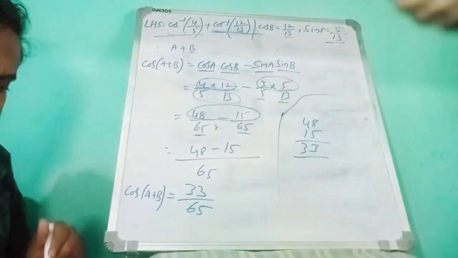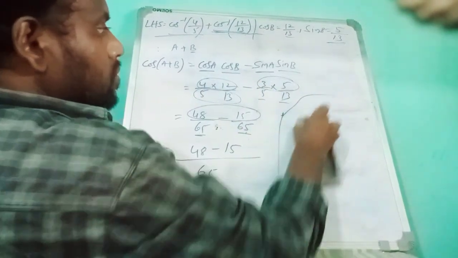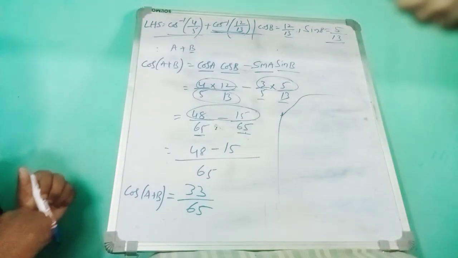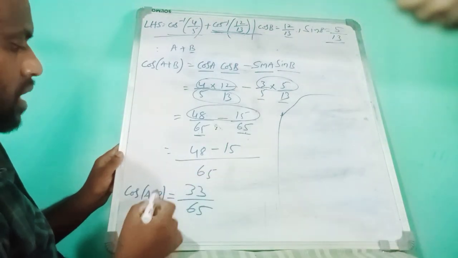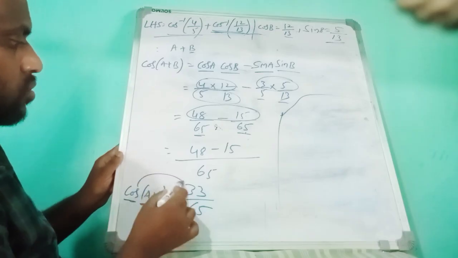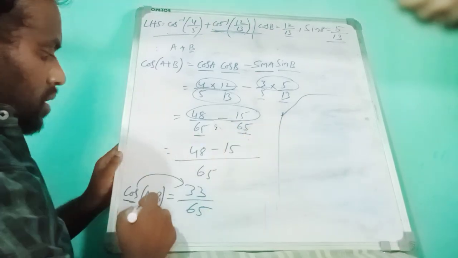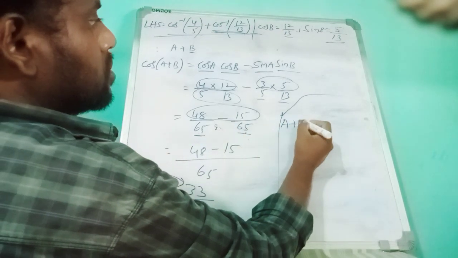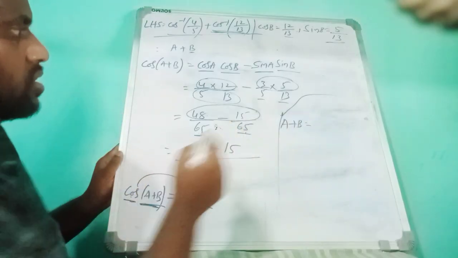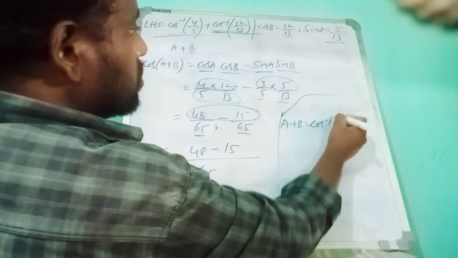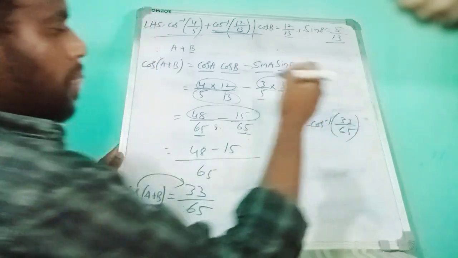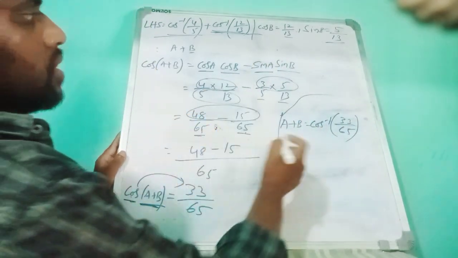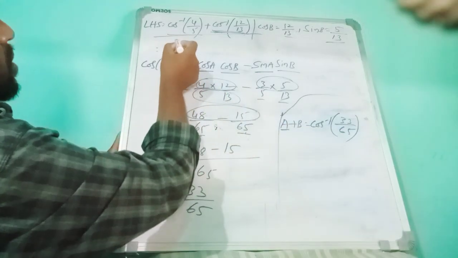Next I will show here. So I want A plus B. So I will move this cos to this side. So what will happen? A plus B keep as it is. When cos is moved this side, it will become cos inverse of 33 by 65. Now what is A? See here.